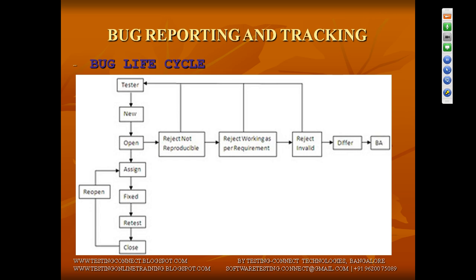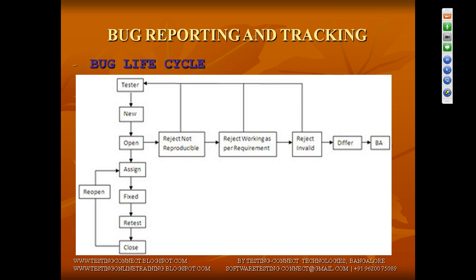Once he fixes it, he will change the status to fixed, and then to retest. Whenever the status is changed or something is updated for that bug, the whole team gets an email.